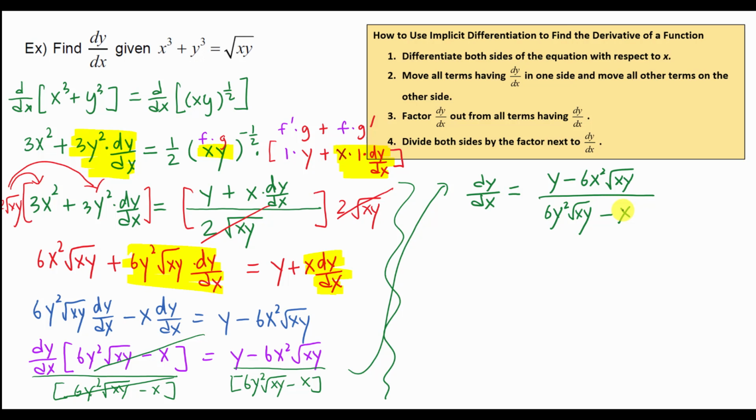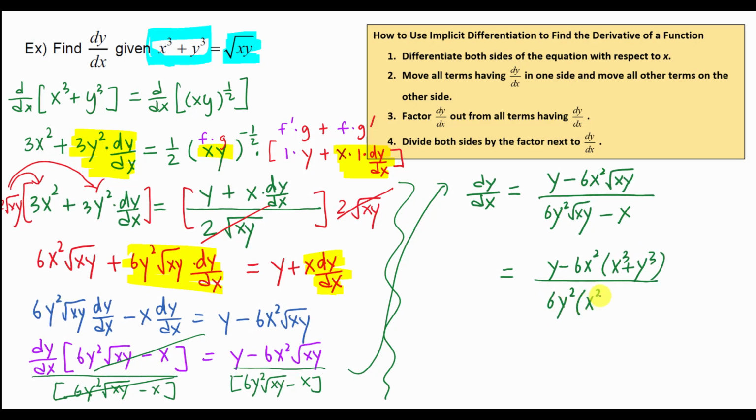However, a lot of times we do not wish to have radicals in our answer. So because in the original problem radical xy was equal to x cubed plus y cubed, you could replace radical xy by x cubed plus y cubed to not have a radical in your answer. So that will be y minus 6x squared times quantity x cubed plus y cubed over 6y squared quantity x cubed plus y cubed minus x.